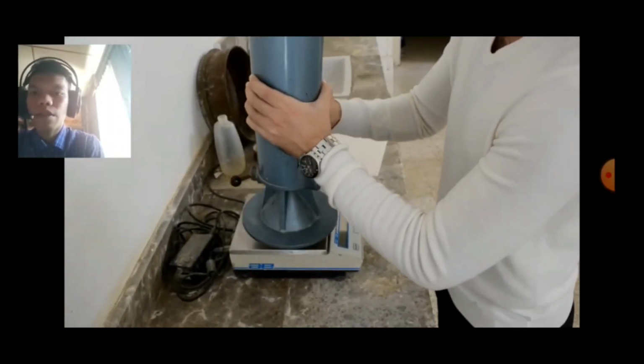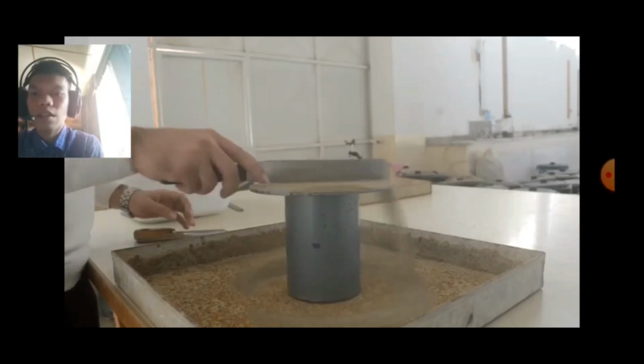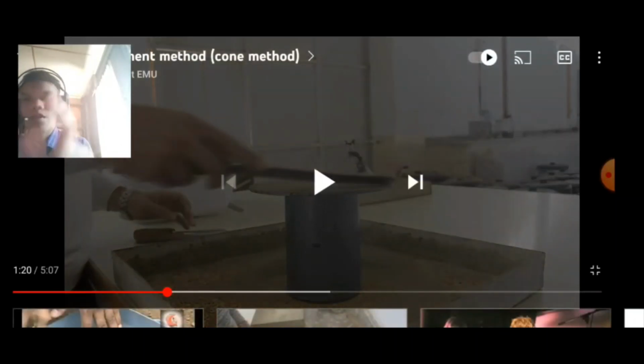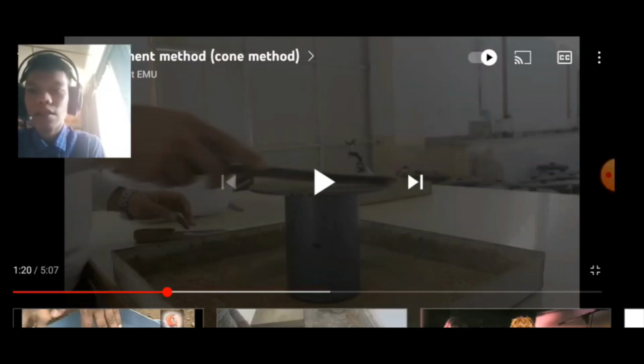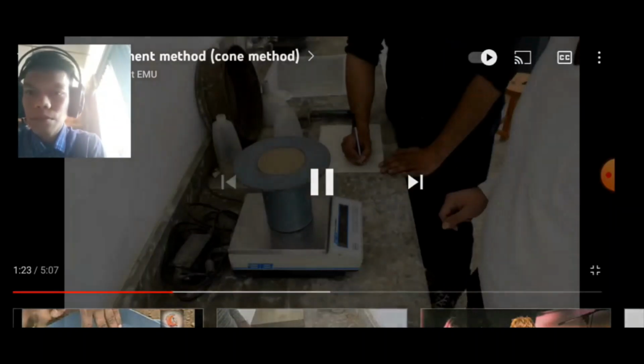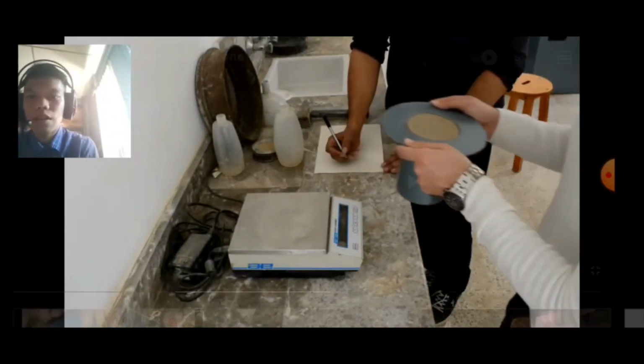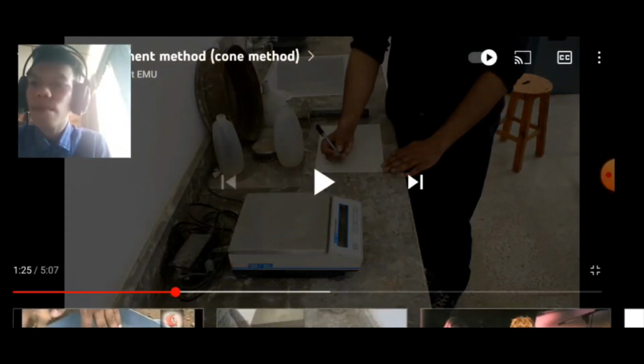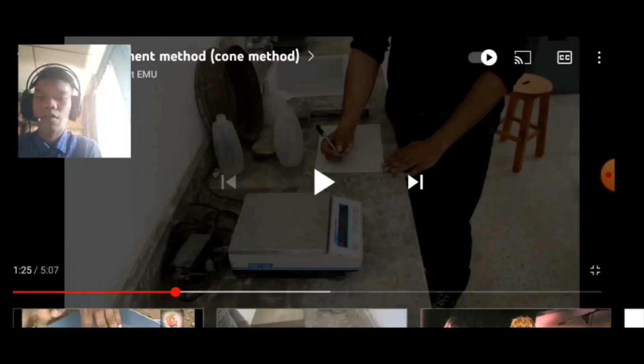Measure the mass of the apparatus with the remaining sand. Then for the next step, we remove all the extra sand at the top of the mold. Measure the mass of the mold that has been filled with sand. Then take the reading of the measured weight.